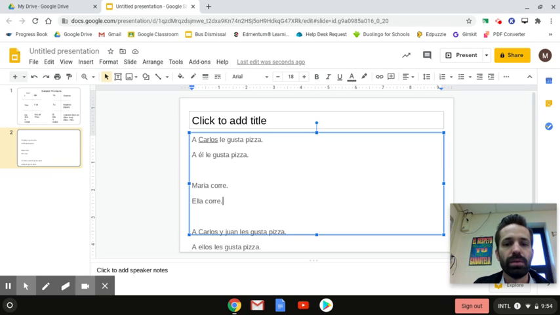The same thing happens down here. We've got Carlos and Juan liking this pizza, and you can replace both of them with they because this is a group of males. You can say a ellos les gusta pizza, so they like pizza. And that gets a lot easier and less of a hassle to say than having to say everybody's name in the group all the time. And that's what pronouns are really for, to save time and make things easier to say.